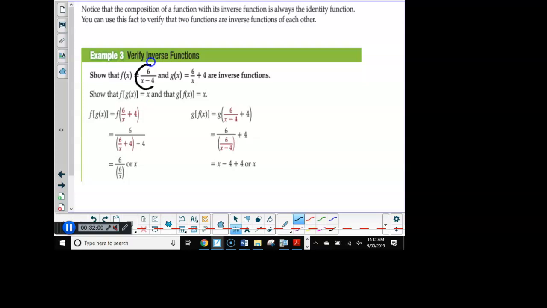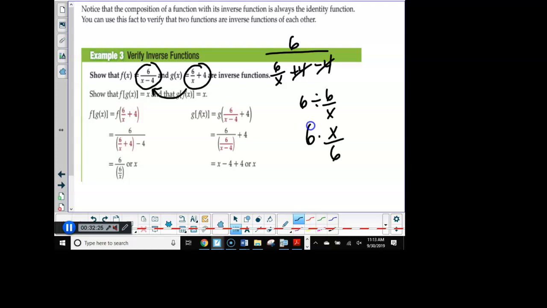This function is supposed to be the inverse of this. So if they put the g into the f, they had 6 over, instead of x minus 4, they put 6 over x plus 4 minus 4. Well, what would happen is the 4's would drop away, and then it says 6 is being divided by 6 over x, which means multiplied by the reciprocal, and you just get x.